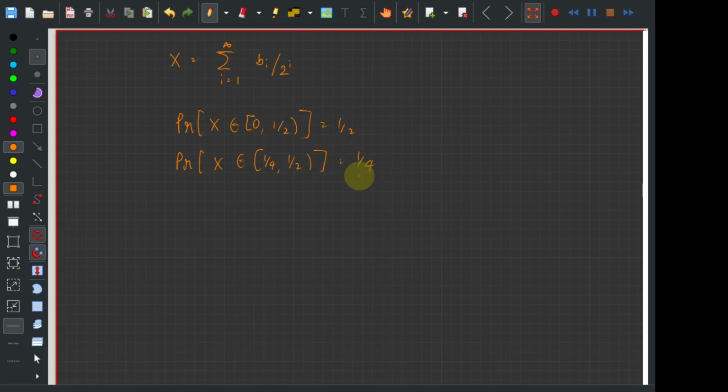Now, if I take any interval, what would be the probability of getting that interval? What would be the probability that x lies in some interval a comma b? b minus a. Are you convinced that it is always b minus a?